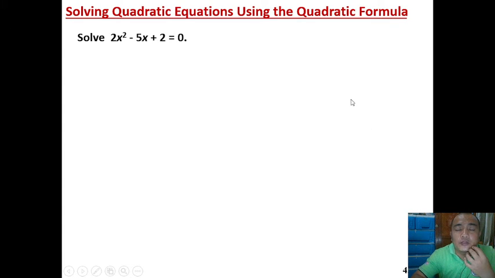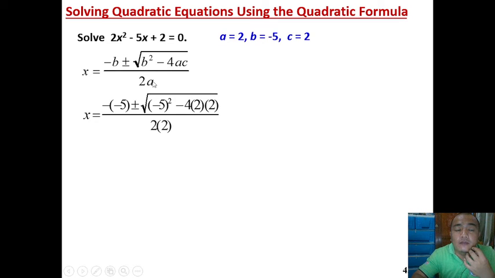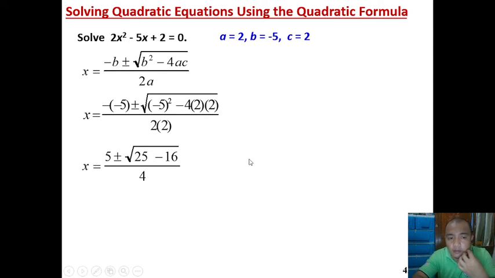Another example: solve 2x squared minus 5x plus 2 equals 0. a is 2, b is negative 5, c is 2. Then we're ready to solve using the quadratic formula. Negative of negative 5 is positive 5, plus and minus square root of negative 5 squared minus 4 times 2 times 2, all over 2 times 2. Negative 5 squared is 25, minus 4 times 2 times 2, which is 16, all over 4. 25 minus 16 is 9, and the square root of 9 is 3.